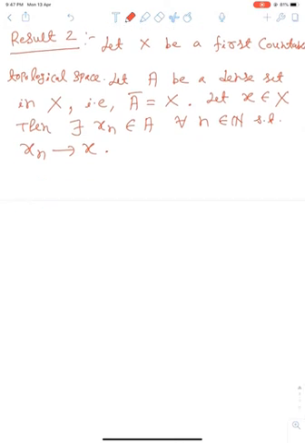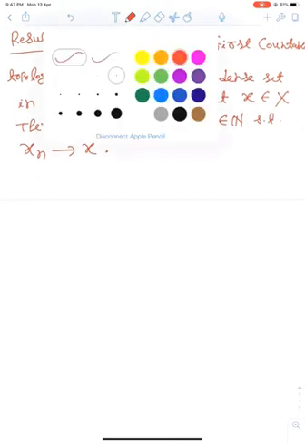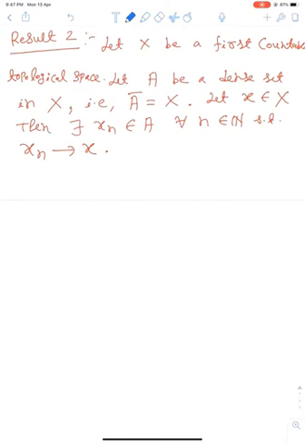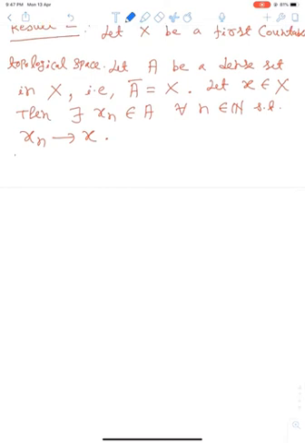Okay, why is this true? The proof of this one is also simple. If the topological space is first countable, then we can choose beta_x, say, equal to a collection of B_n, a countable basis at x, right?